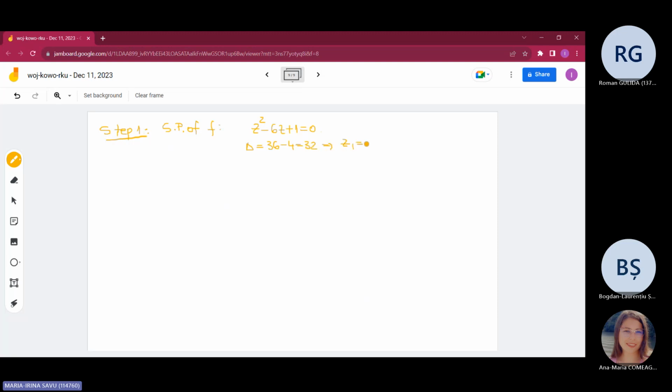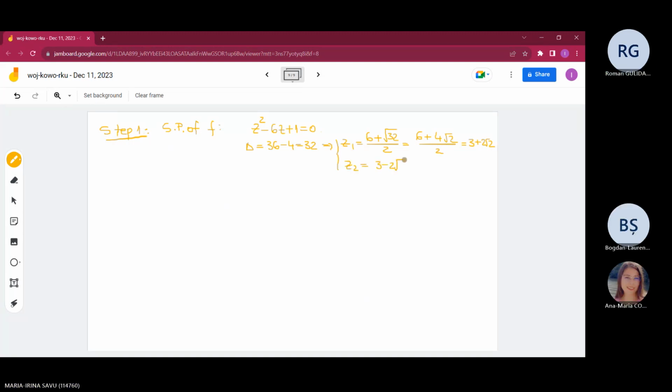And the square root of 32 is 16 times 2, so you have 4 square root of 2 over 2. And this is 3 plus 2 square root of 2. This is exactly what you have told me, right? Yes. Okay. So these are the singular points of f.